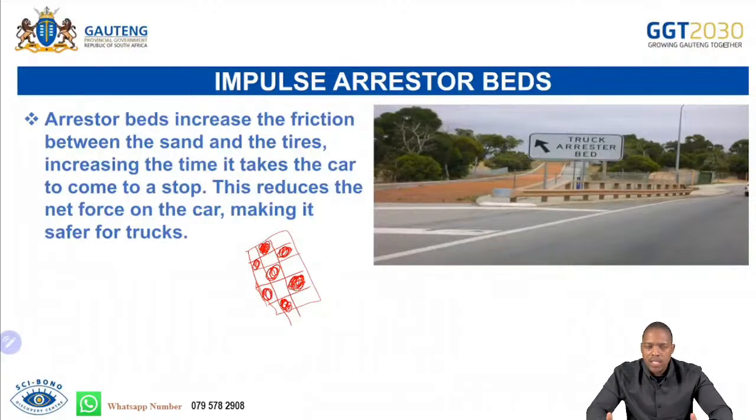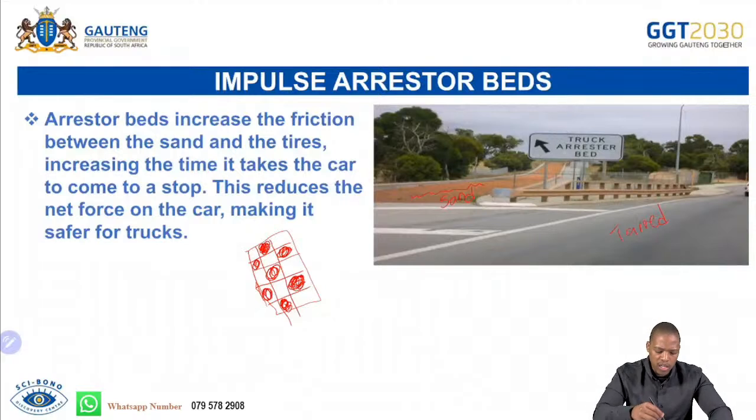So what's the difference between this place and the road? As you can see here, this place has sand. They put sand in here, unlike the road, which is tarred. Why are they putting sand here? When you put your car in this sand, it's going to increase the time of contact between the tires and the sand itself.